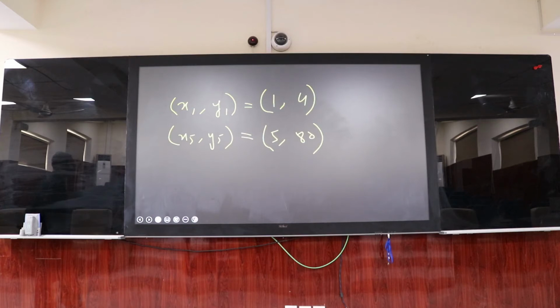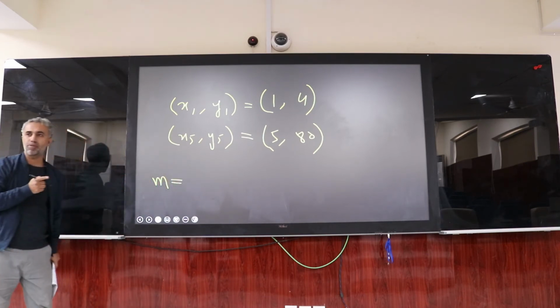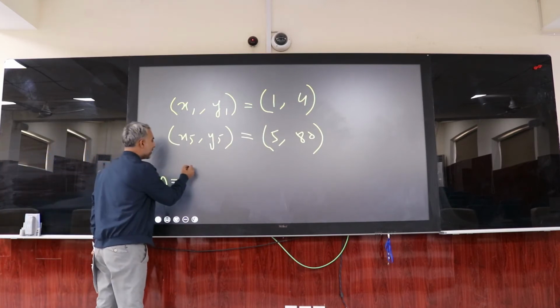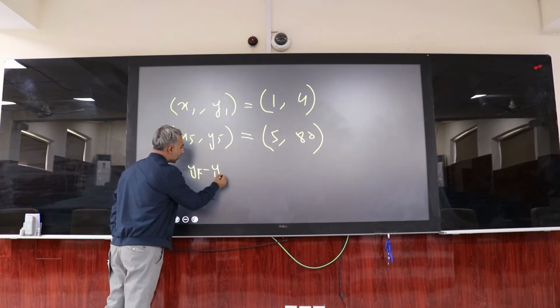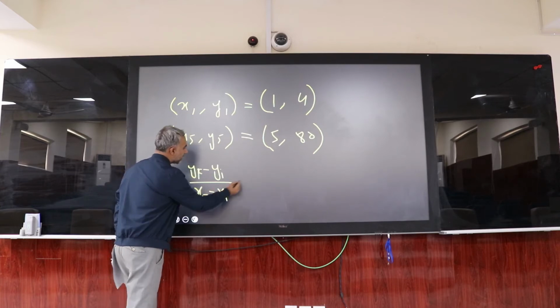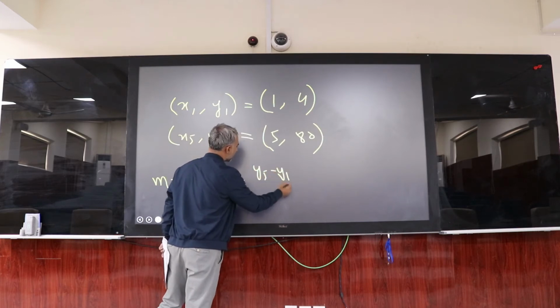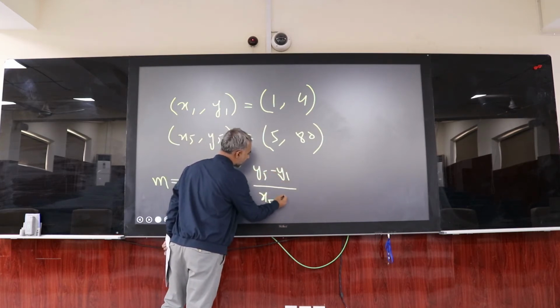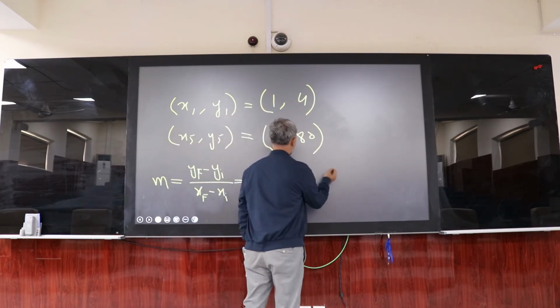So what you need to do is determine the slope M. According to the slope criteria, it is y final minus y initial, similarly x final minus x initial. In this case, we will have y5 minus y1 over x5 minus x1, and you will get a value by substituting this in all situations.